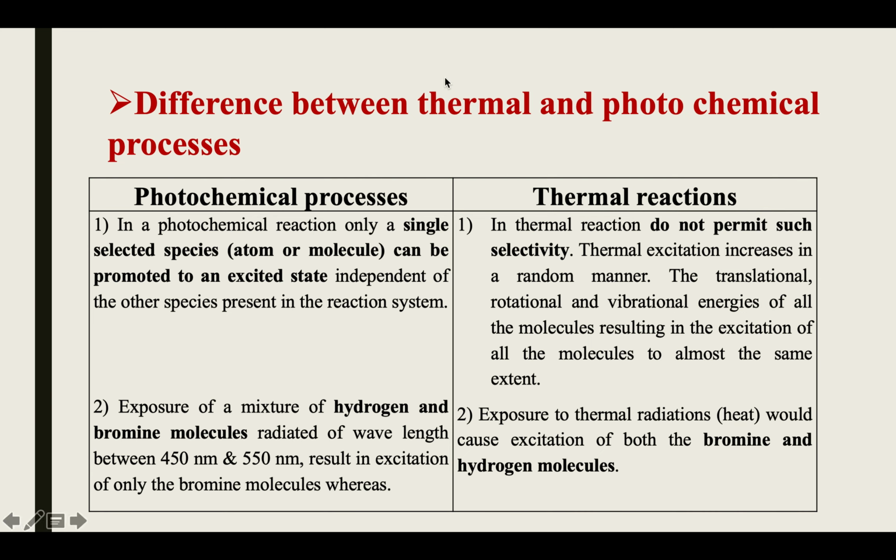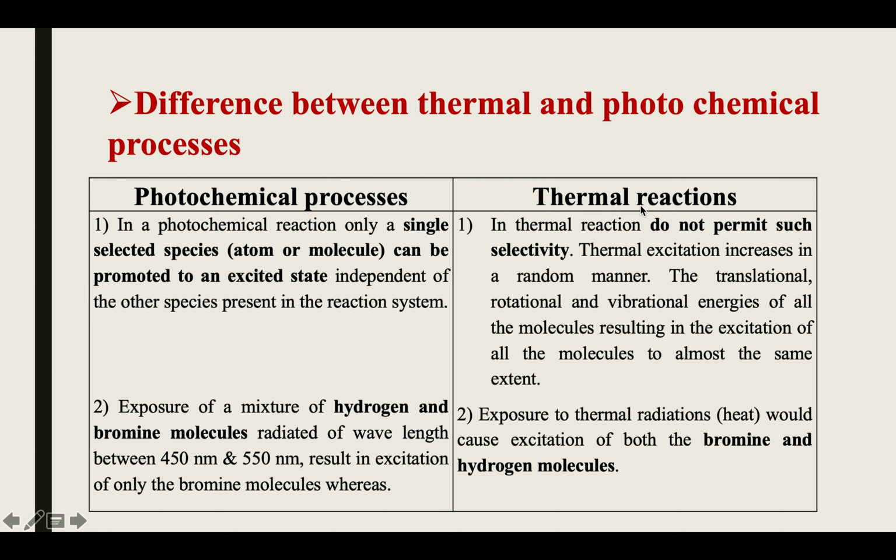So in photochemical reactions, only a single selected species, atom or molecule can be promoted to the excited state, independent of the other species present in the reaction system. So that is the photochemical process.